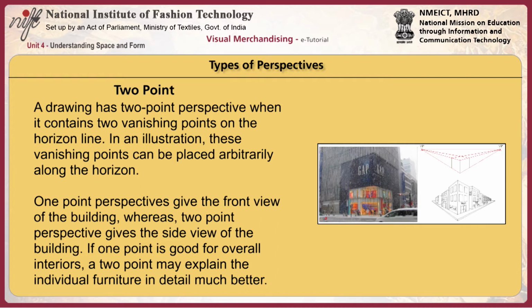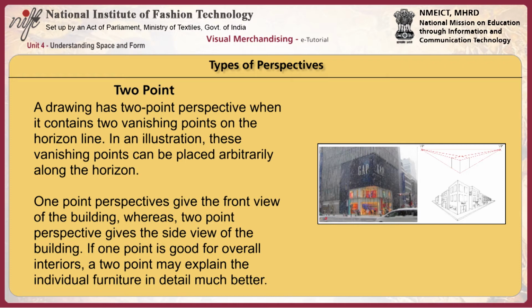The next is a two-point perspective. A drawing has two-point perspective when it contains two vanishing points on the horizon line, that is the eye level, the line at which we are seeing. In an illustration, these vanishing points can be placed arbitrarily along the horizon.